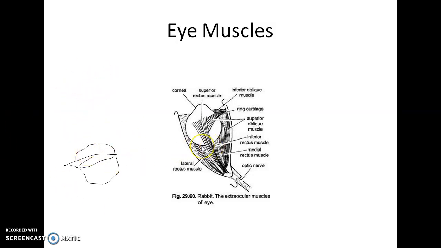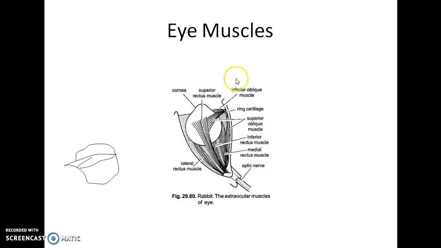So then coming to the eye muscles, movement of the eyeball is effected by six eye muscles, four recti muscles and two oblique muscles. The recti muscles are superior rectus, inferior rectus, anterior rectus and posterior rectus.